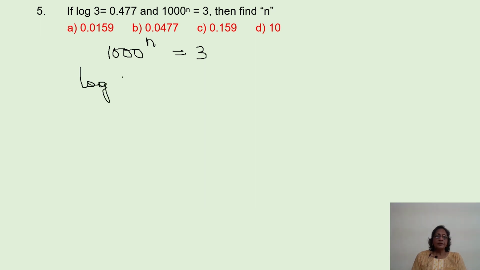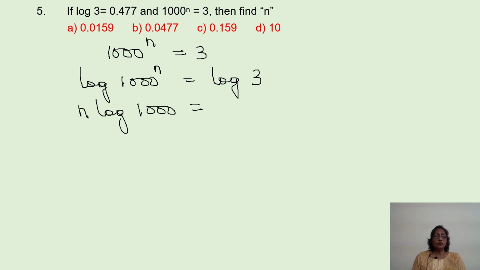So, we'll get log 1000 raised to n equal to log 3. Using our property, we'll get n log 1000 equal to, now log of 3, the value is known to you, 0.477.